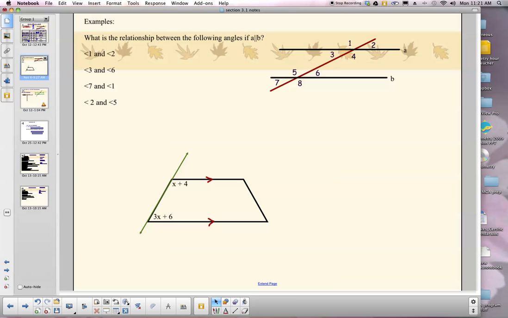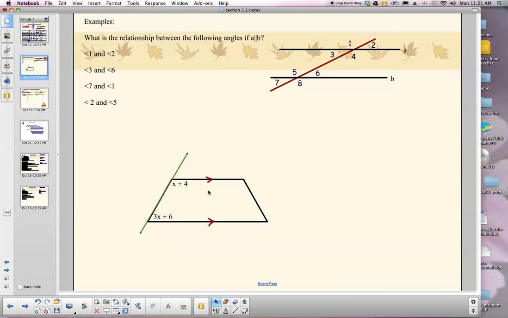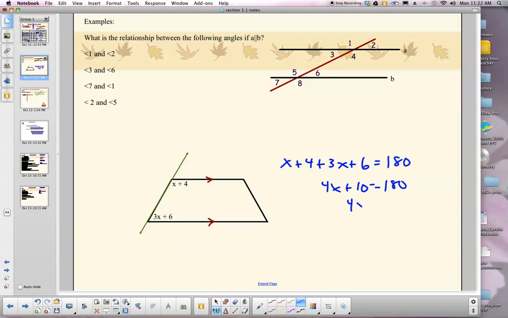If you look back on your chart, same side interior angles are supplementary. So that means I know that those two angles are supplementary. I know that if I take x plus 4 and add it to 3x plus 6, I have to get 180 degrees because they are supplementary. From there you could do your algebra skills, so it'd be 4x plus 10 equals 180, so 4x equals 170.